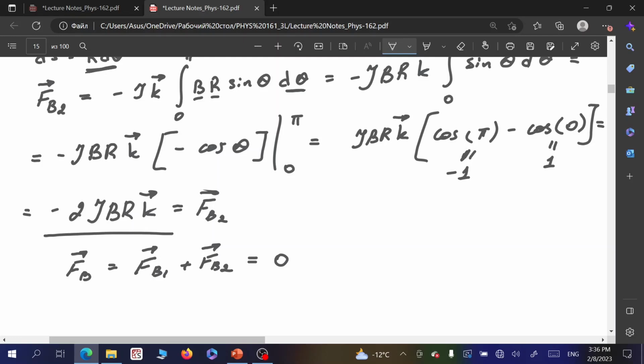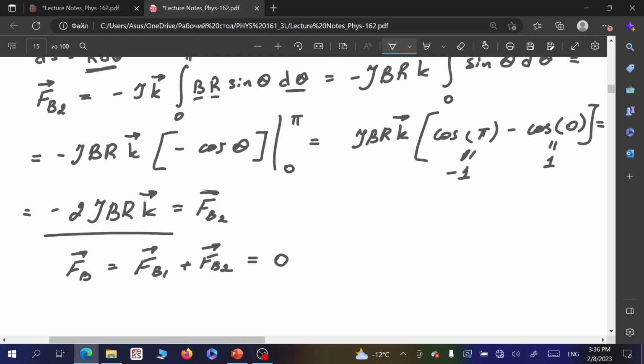So that is actually a general statement, which you need to remember. It's important that no matter what the shape of a closed current loop is, regardless of the shape of conductors and different segments of conductors which we use in order to create this closed loop, the net magnetic force exerted on this closed loop will be equal to 0.